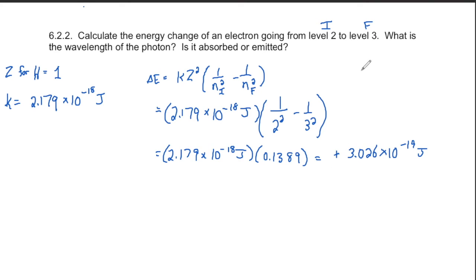Since the energy change is positive, that means it's absorbing energy. The energy level of the electron has to increase. And this photon that's being absorbed, we want to know the wavelength. So we could use the energy and solve for the frequency and then go to the wavelength.